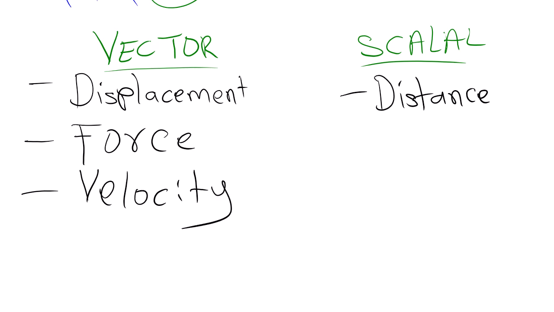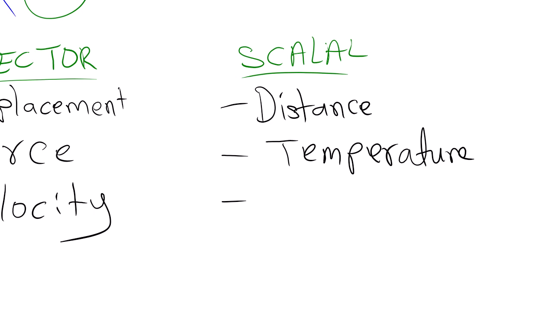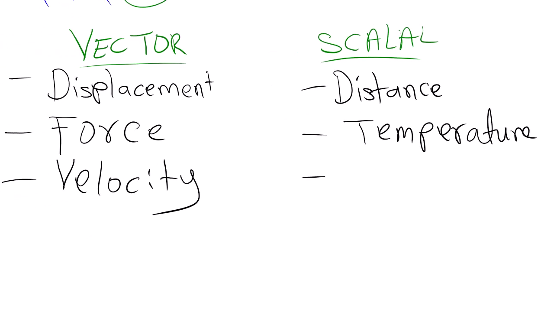Velocity requires direction, while distance does not require any direction. Then we have temperature, which does not require direction. So a lot of things. We have vector and scalar.